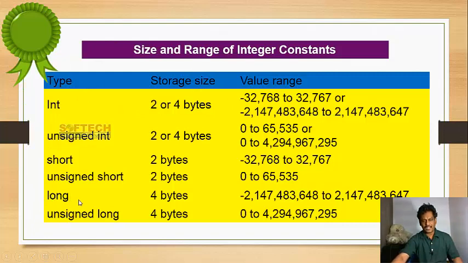But if we declare as long, by default it occupies 4 bytes. So the first bit is the sign bit, and the remaining 31 bits are used to store the value, that is minus 2 power 31. This is the formula to find the range: minus 2 power 31 to plus 2 power 31 minus 1, because 0 is included in the counting of the positive side.